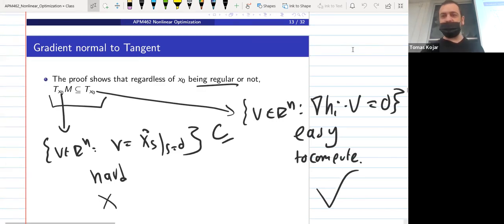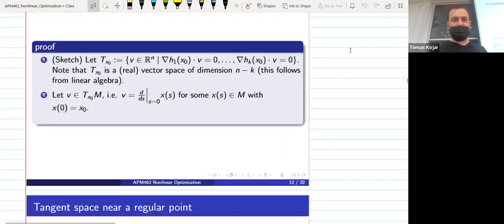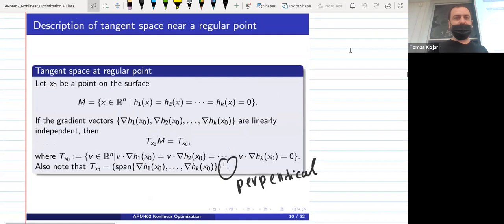Tell me, that was the thing, right? If they are alike, then you can compute the tangent space using that K equations, which is much easier than taking these crazy parametric derivatives.